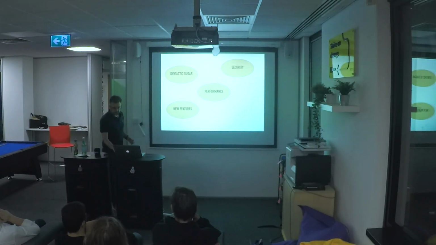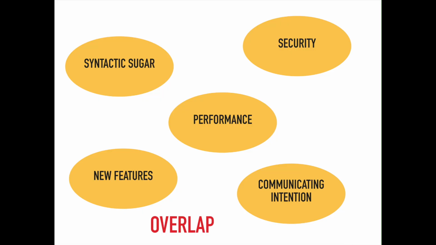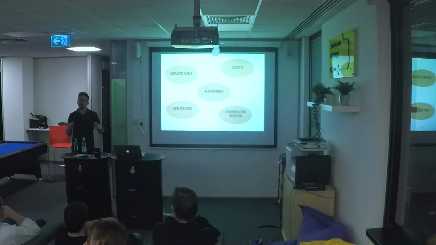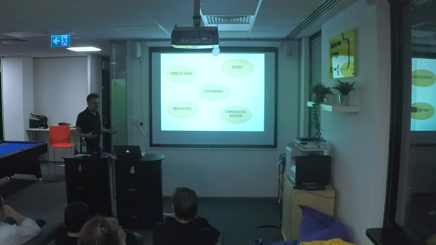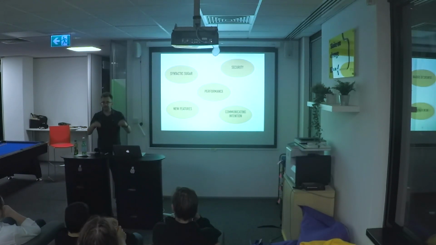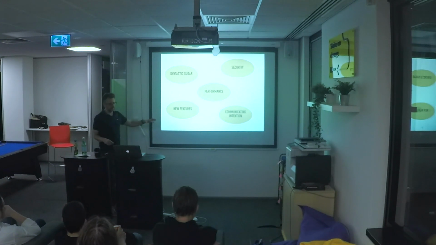And then finally, you get what I would call communicating intention RFCs. So this might be things like the read-only one that's come in. Actually, the language doesn't care if something's read-only. That's just there to communicate to other developers that you believe this thing should be read-only. I mean, there might be some performance benefits in having read-only, but they'd be minimal, really.